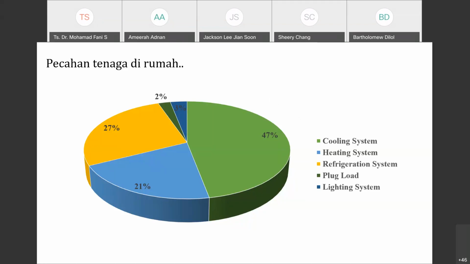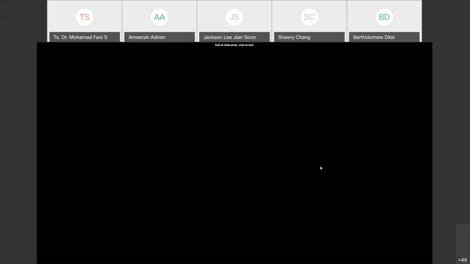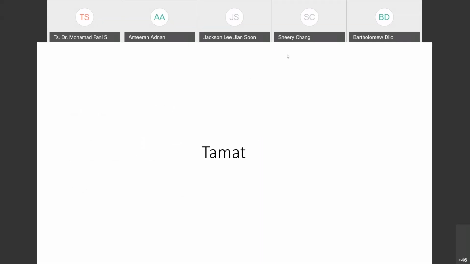Okay. Any other question? So in the report, there are the 12 months of monthly bills.